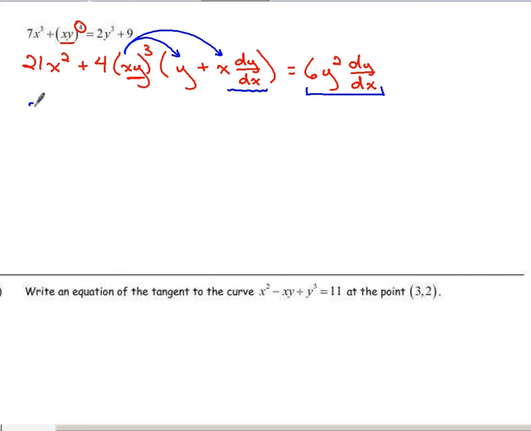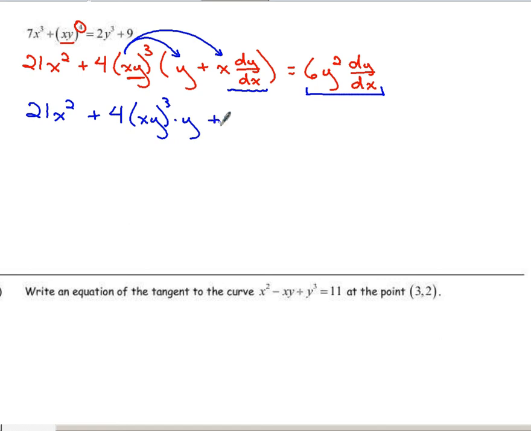So, if I write this out with that distribution, you got 21x squared. I'm distributing this 4xy cubed through. When I multiply this 4xy cubed to y, I got 4xy cubed times y.